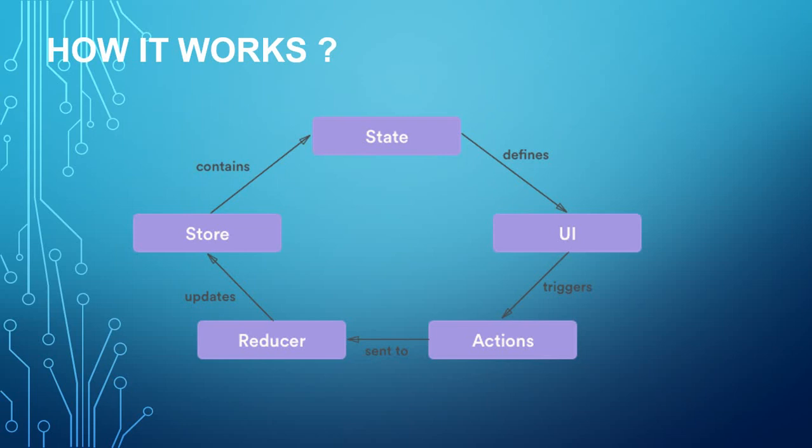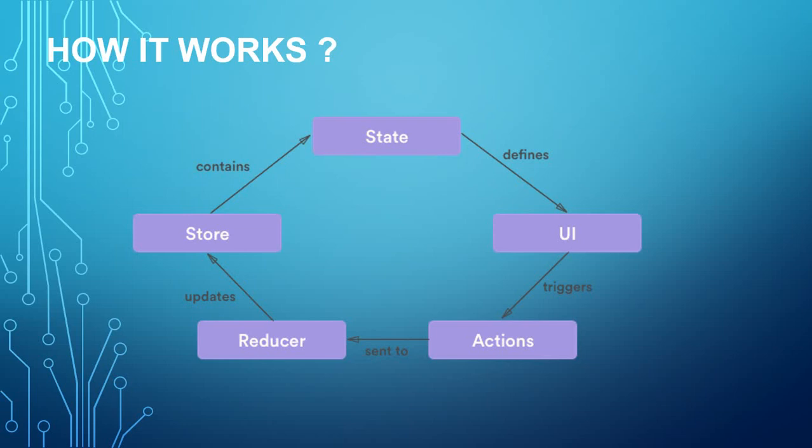The action can contain information that you want to add to the state, and it will be passed to the reducer, which behaves as a controller in the first place.